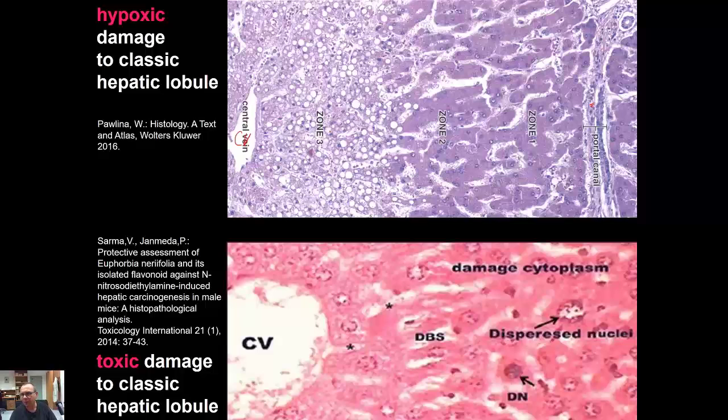Opposite problem can be in some intoxications. Toxic damage to classic hepatic lobule can be opposite, because the highest level of this toxin, hypothetic toxin, can be the highest near the circumlobular vein.